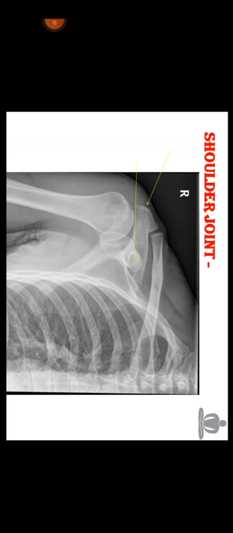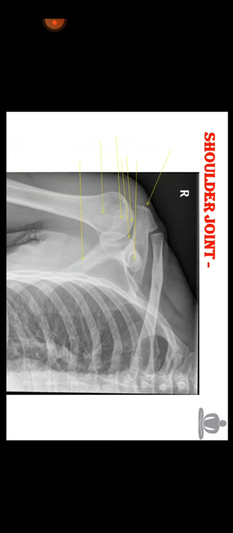Then this is known as coracoid process. This is glenoid cavity. This is scapular blade. This is humeral head. Anatomical neck.